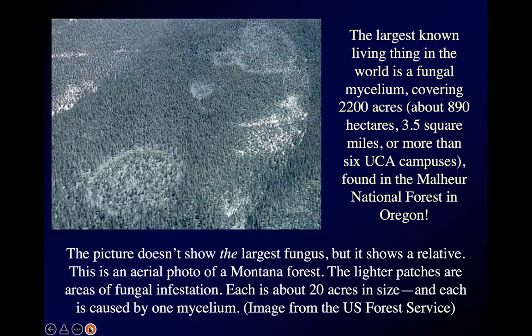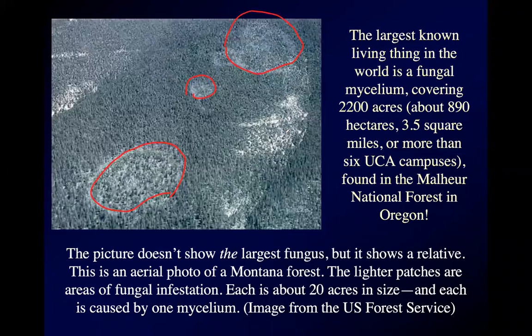This is not a picture of this largest fungus, but it shows you a relative. The picture is an aerial photo of a forest in Montana, and right there where I'm circling, and right there, those patches that look kind of grayish from the air are areas where the trees are growing poorly and starting to die.